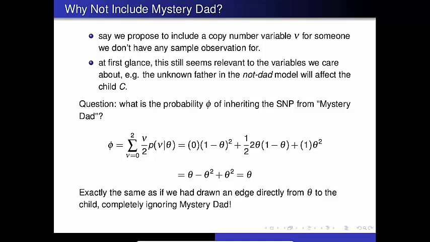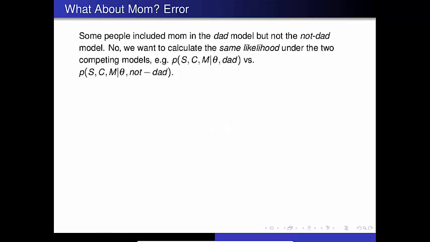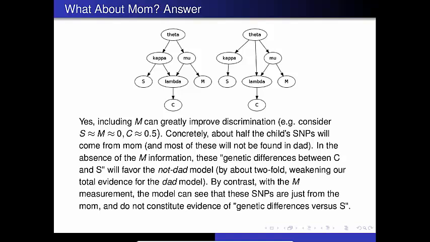Okay, what would the likelihood work out to be for inheriting the SNP from mystery dad? So you recall, this idea of explicitly including mystery dad is being offered as a counterpoint to the not-dad model, where we just directly drew an edge from theta to lambda.